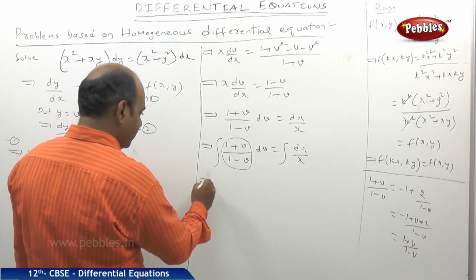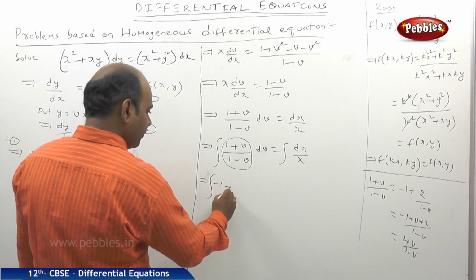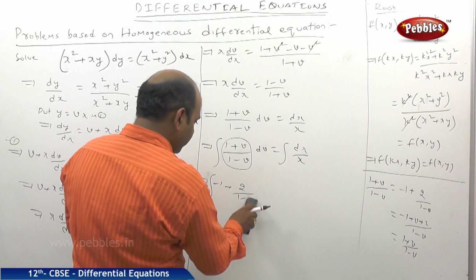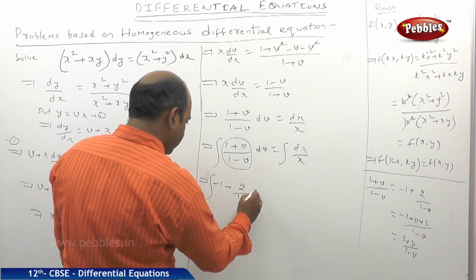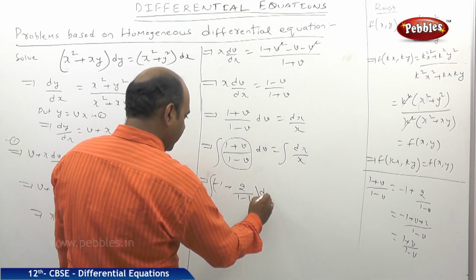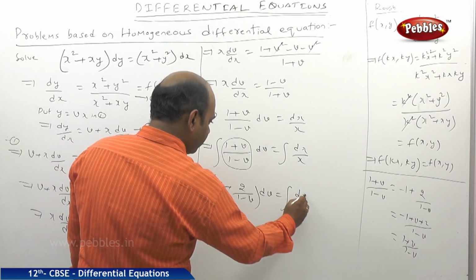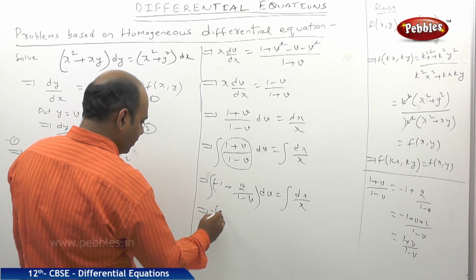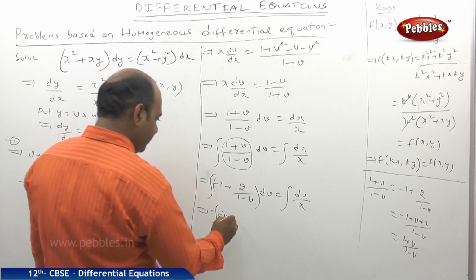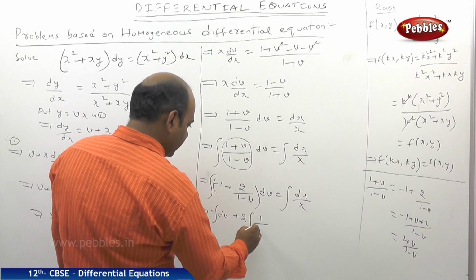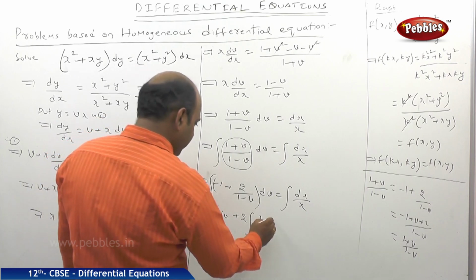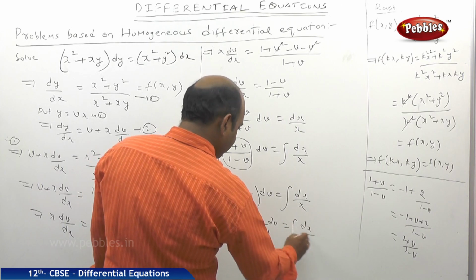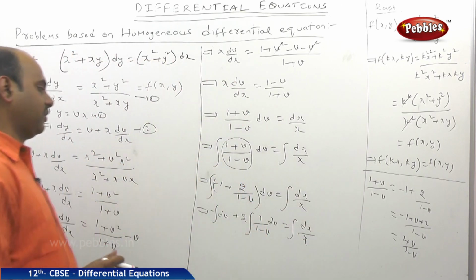So what happens? This can be written as integral of minus 1 plus 2 upon 1 minus v dv is equal to integral of dx by x. So what happens? Integral of minus 1 dv plus 2 into integral of 1 upon 1 minus v dv is equal to integral of dx by x.